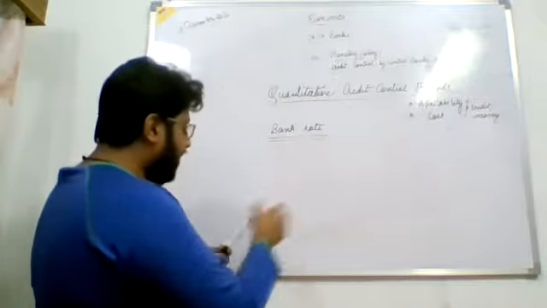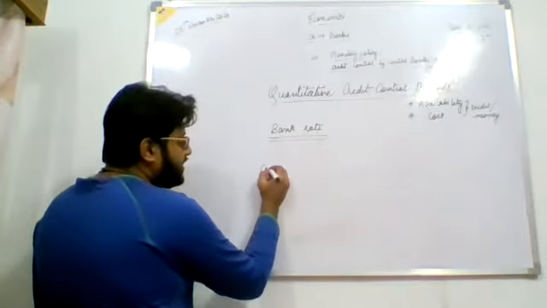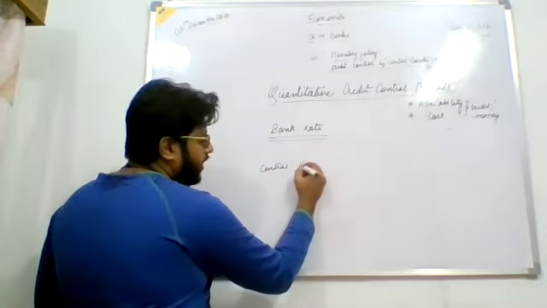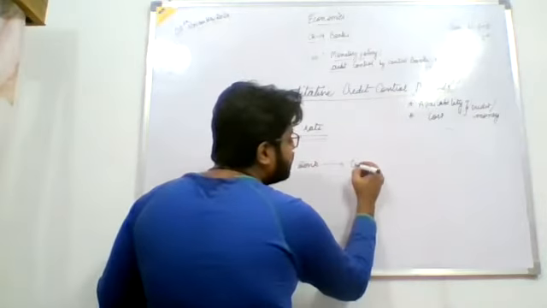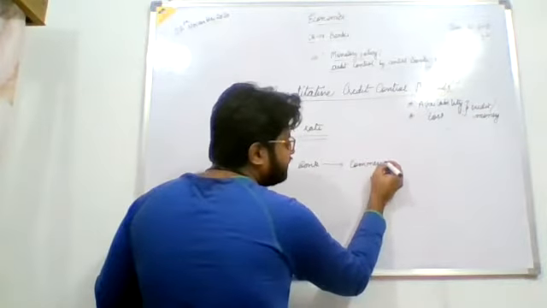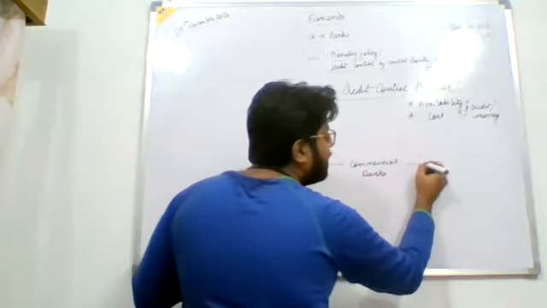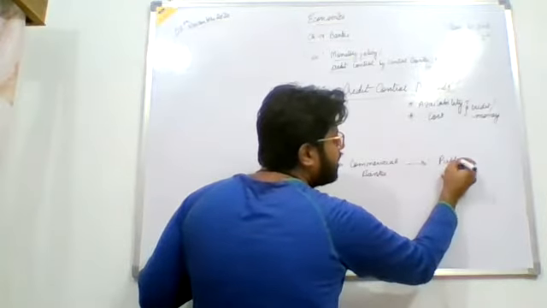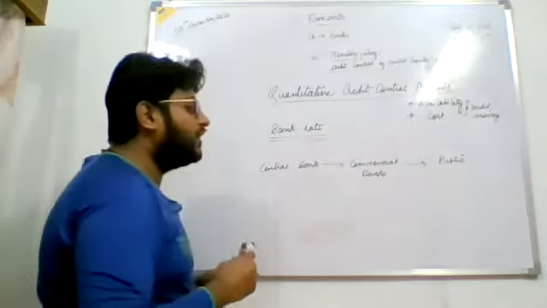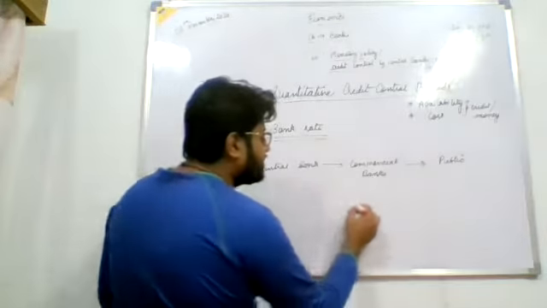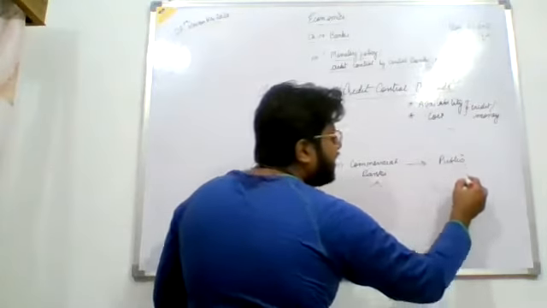See, here we can show it with the help of this example: there is the central bank, and they give loans to various commercial banks, and the commercial banks give loans to the public. This we all know, that the central bank gives loans to the commercial banks when they need, and the commercial banks give loans to the public.